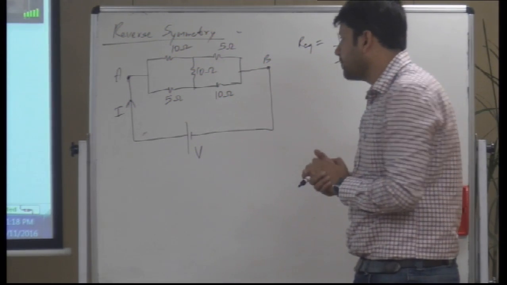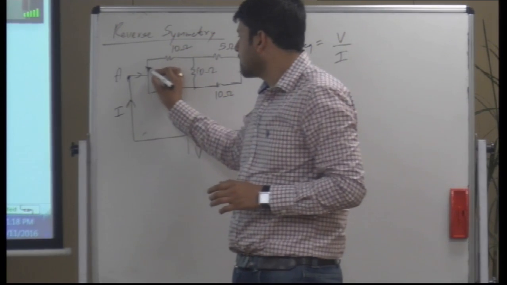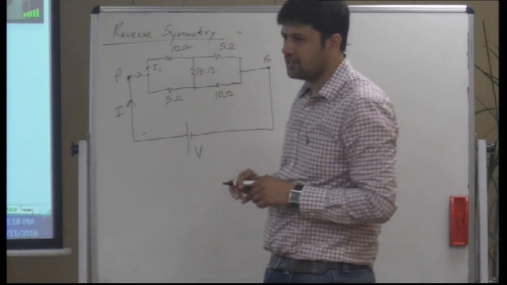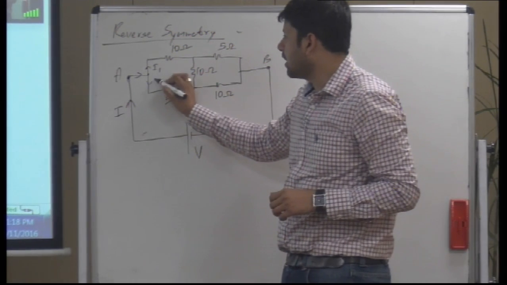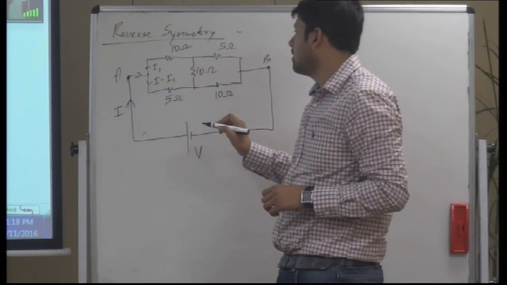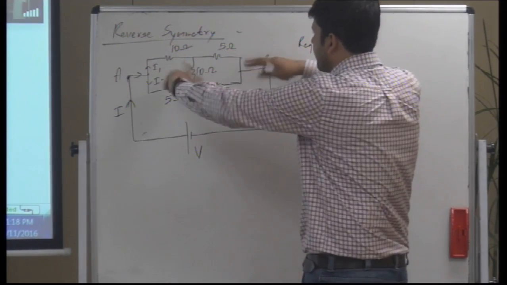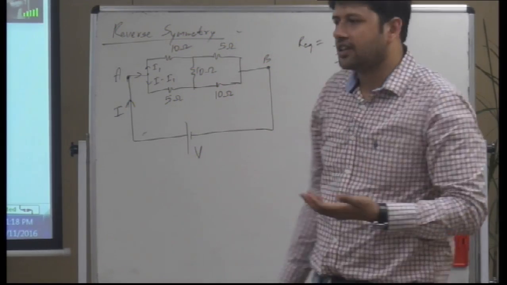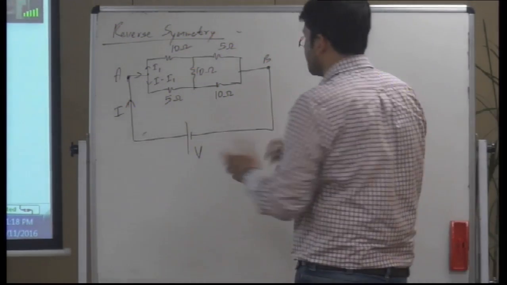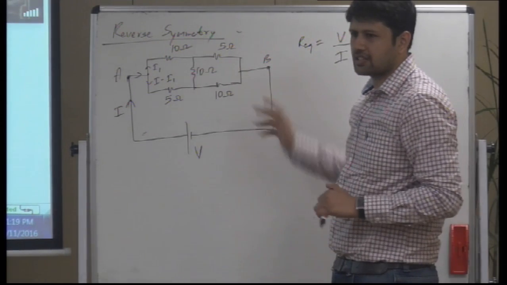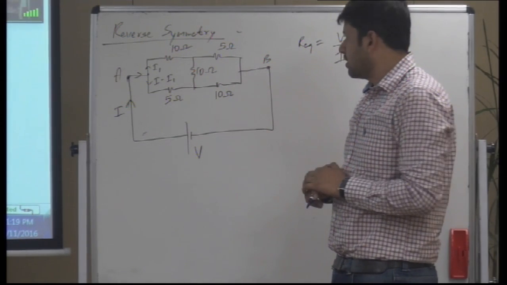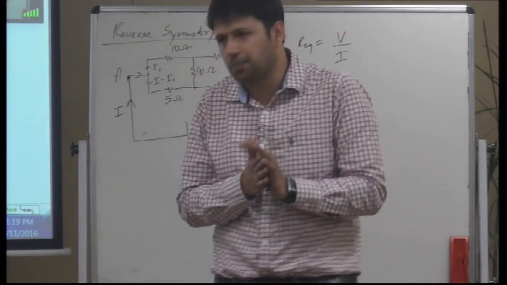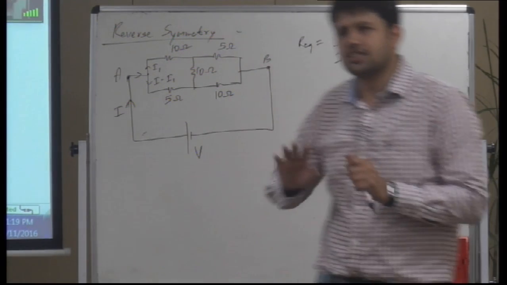So what sort of symmetry exists is, if I say that current branches in this manner, I1 current goes in the up direction, and let's say I minus I1 goes in this direction. The symmetry in this case is that they are connected in reverse order. It is just like a Wheatstone bridge, but the connections are reversed. So it is not completely symmetrical, but there is some sort of symmetry.